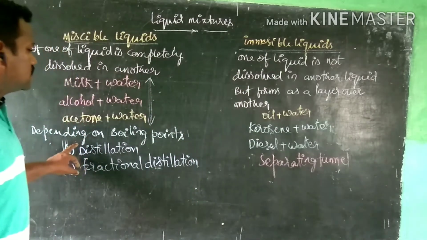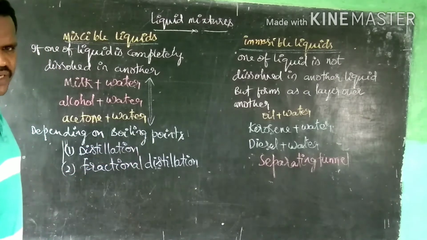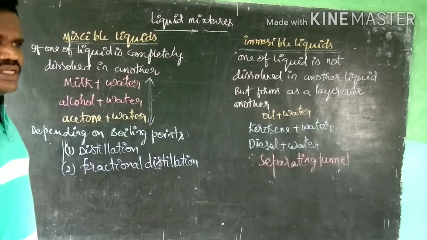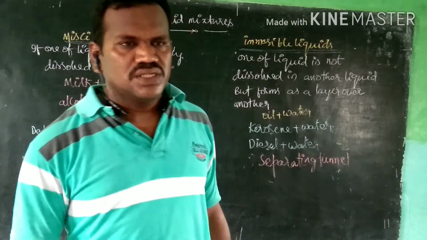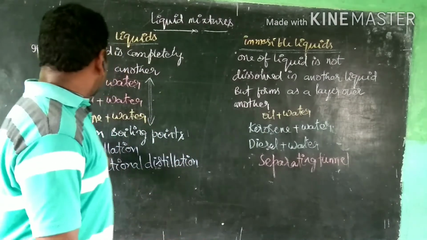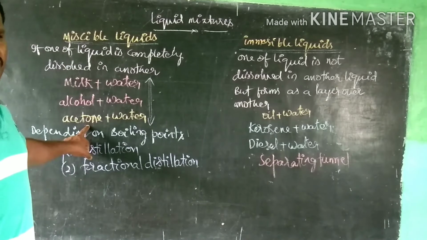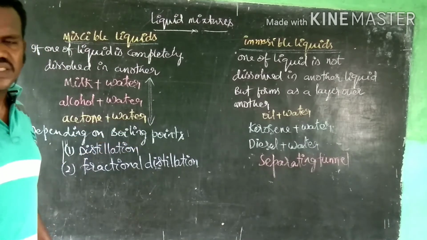Miscible liquids, depending upon their boiling points, we can separate. Why? Because different substances have different boiling points. For example, acetone as well as water. The boiling point of acetone is 56 degrees Celsius, water is 100 degrees Celsius.